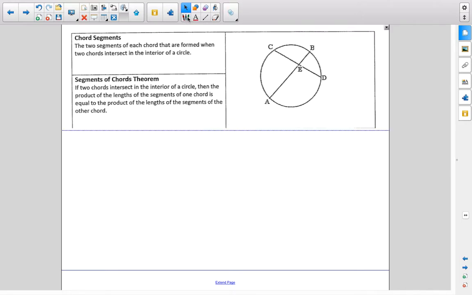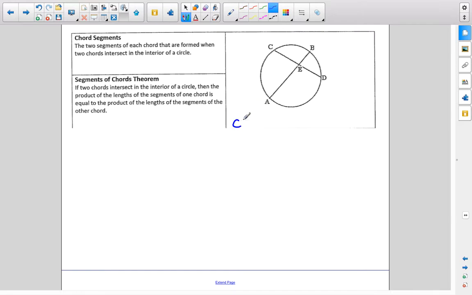Let me grab my blue for North Carolina. Segment CE, times segment ED, and that will equal segment AE times segment EB.